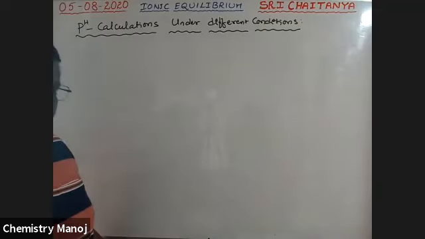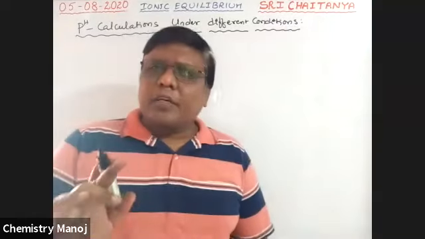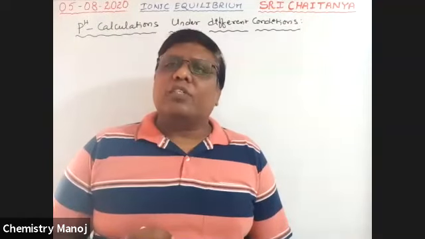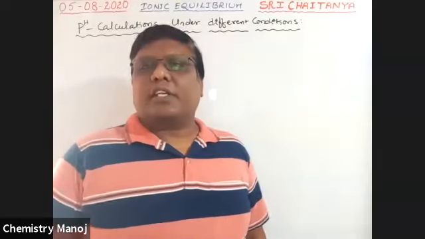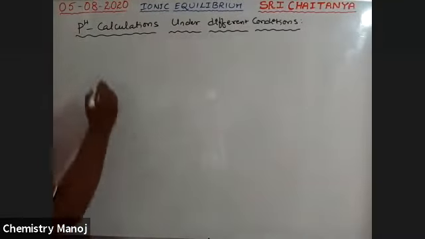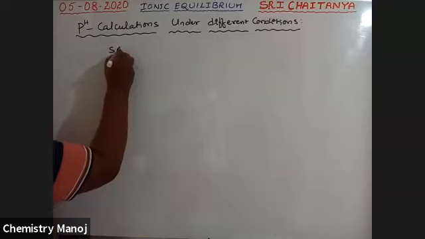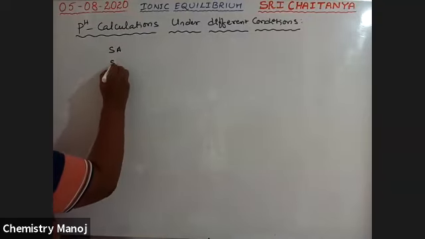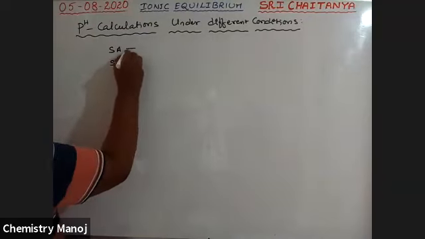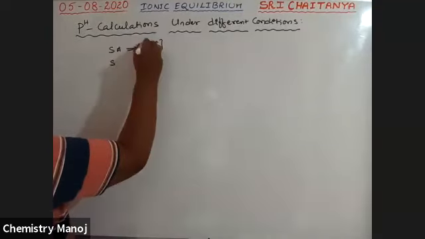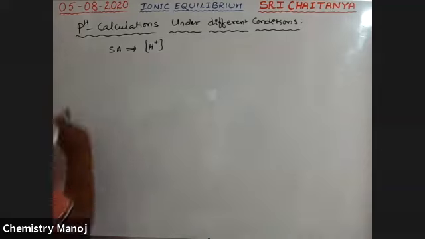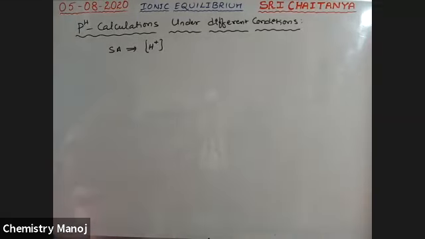See boys, in pH calculations, we use H+ ion concentrations or OH- ion concentrations. So if you use strong acid, from this strong acid we get H+ ion concentration.